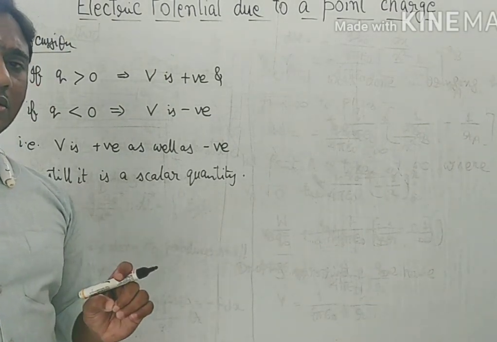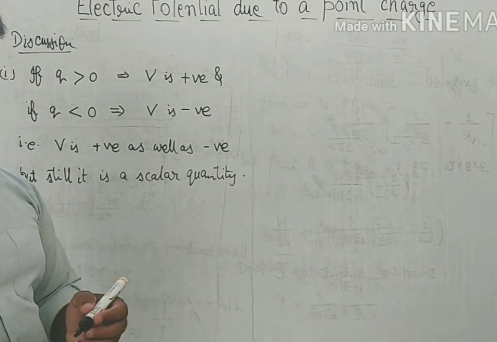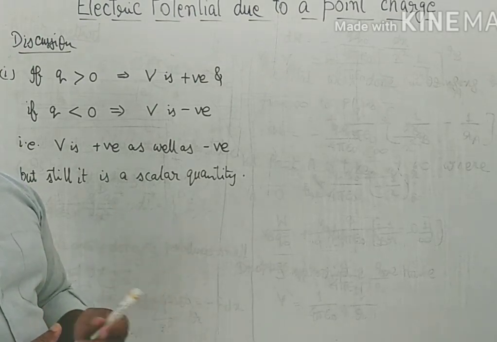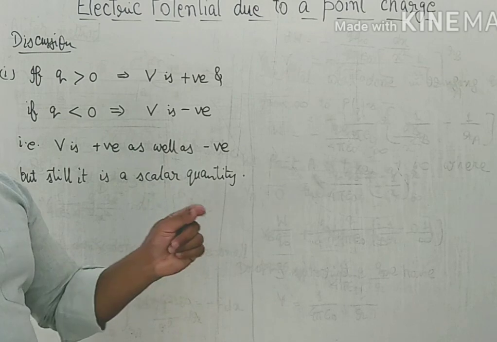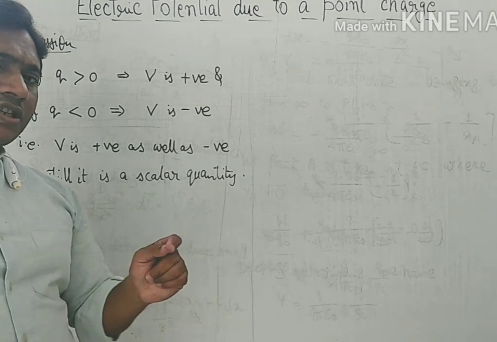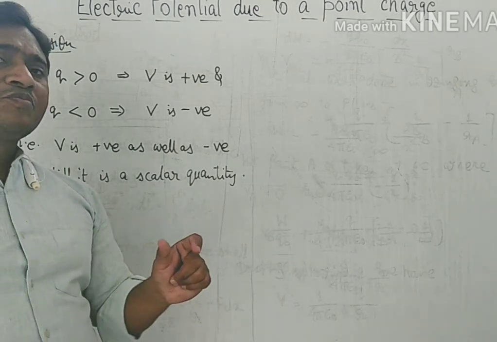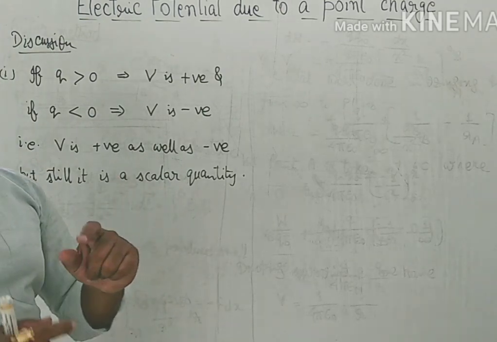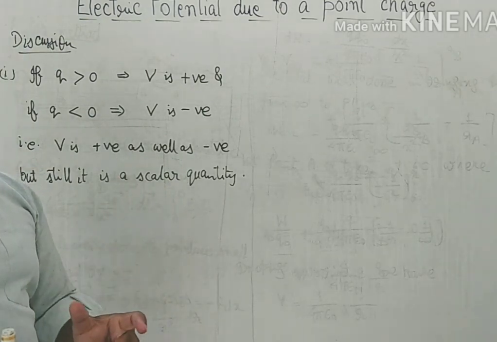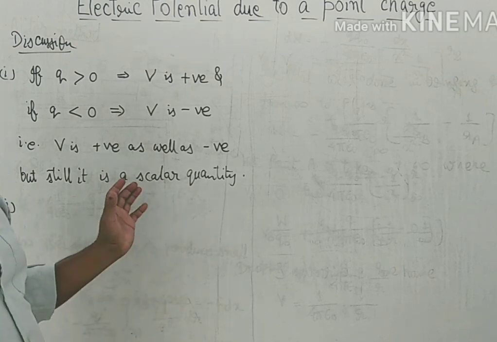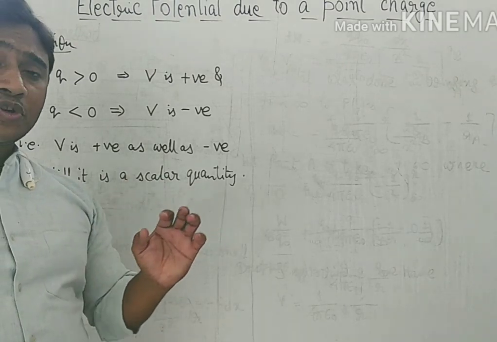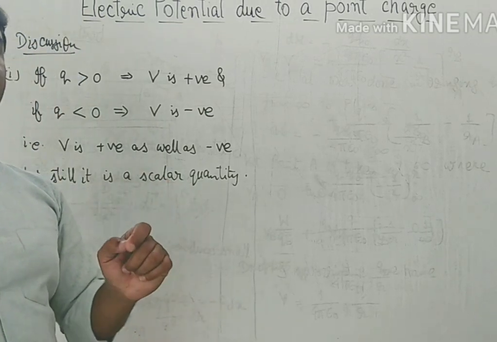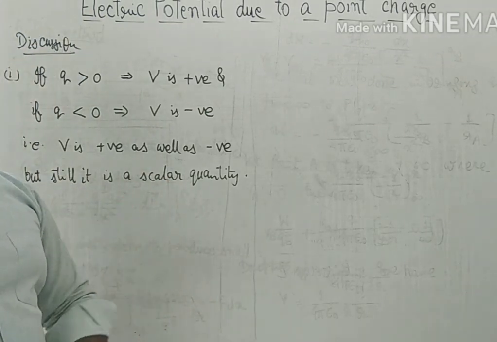Okay, so let's have the second discussion point. Electrostatic potential at any point at a fixed distance from the source charge is found to be constant, uniform, same. Hence, we can say the electrostatic potential is spherically symmetric around the source charge.